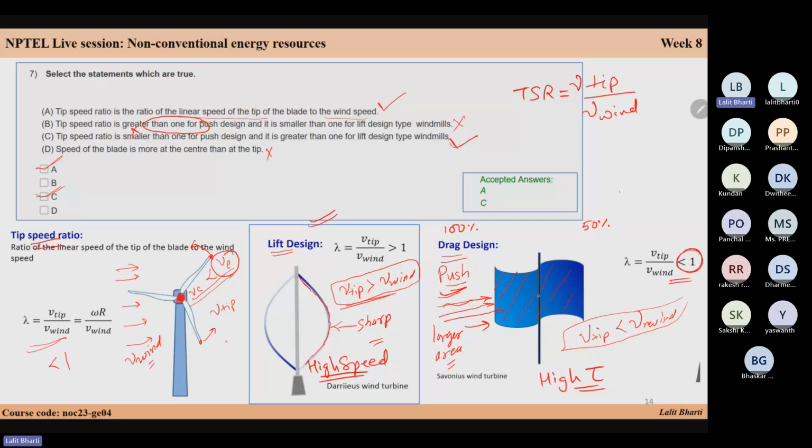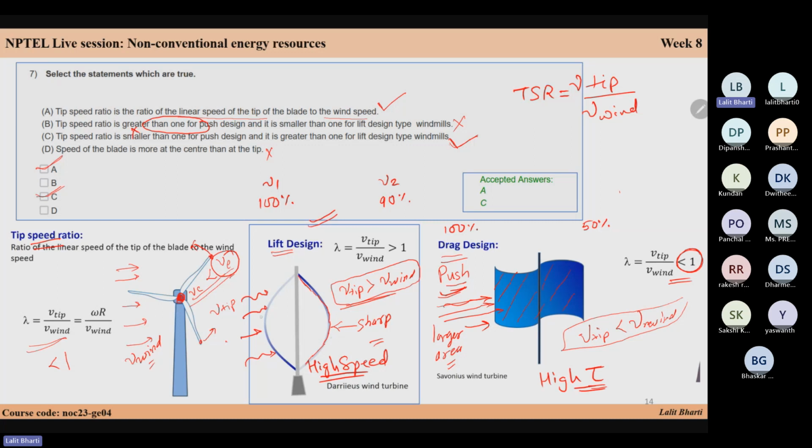Since rotation resistance is high, your rotation speeds will not be that high, and your torque will be high but your speeds will be low. And in the case of this, let's say you are having 100% initial V1, and your V2 will also be very high, let's say 90%, because the interaction between air and blades is very low. So your speeds are high, your resistance is low, and your torque is low.